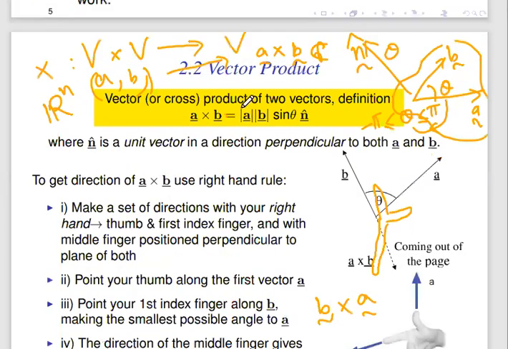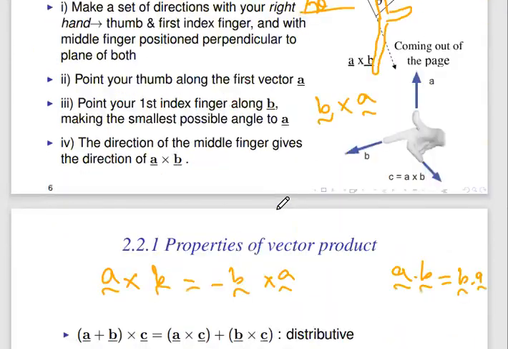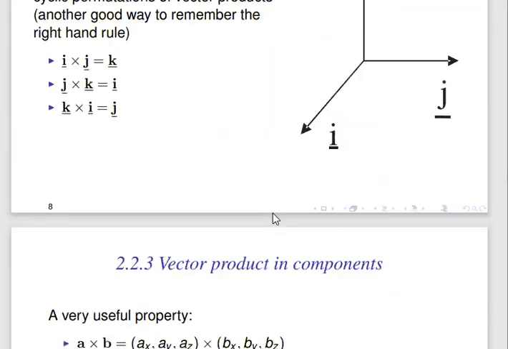For any dimension, you can find the magnitude of A and B, and there is an angle theta, and you have this unique vector. This works for any dimension, not only for three dimensions. But there is another definition of the cross product.